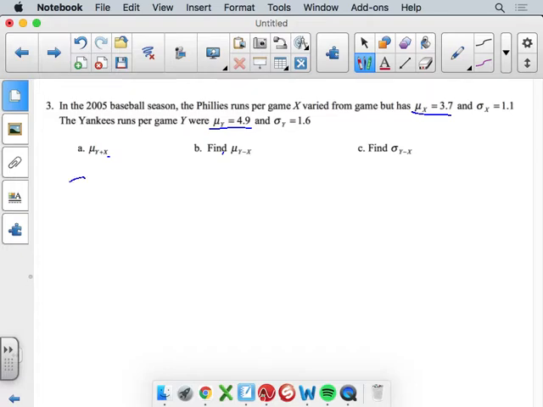So we were expecting the Phillies to have 3.7 and the Yankees 4.9. So we expect them together, if they played each other, to score, what is that, 8.6 runs? That's right.